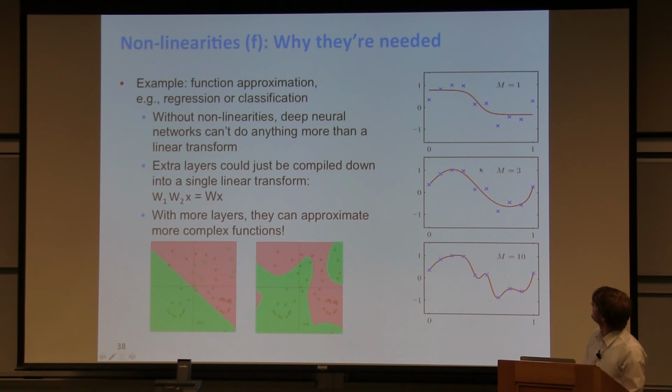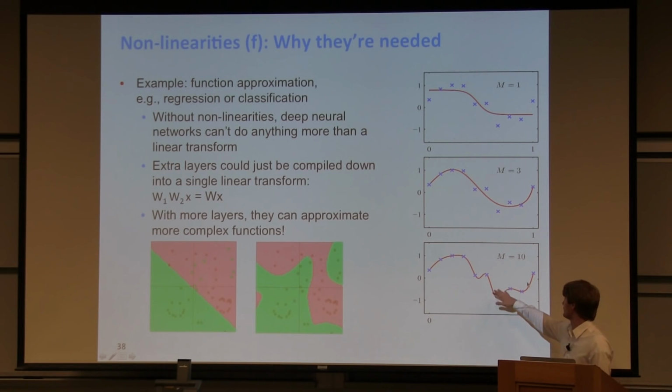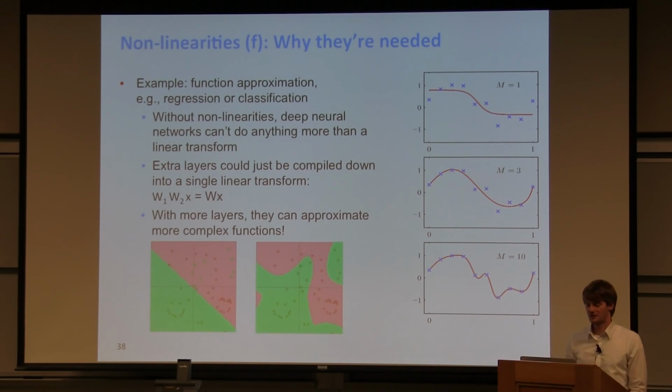If you had 3 hidden units, you could fit this function, and if you have 10 hidden units, you can basically completely overfit this function, and your regression algorithm will be very, very overfit to this specific data set. So this is kind of a regression example, and this is a classification example where we have decision boundaries and decision regions. And we'll usually want to have a couple of layers that are variable sized in their depth.